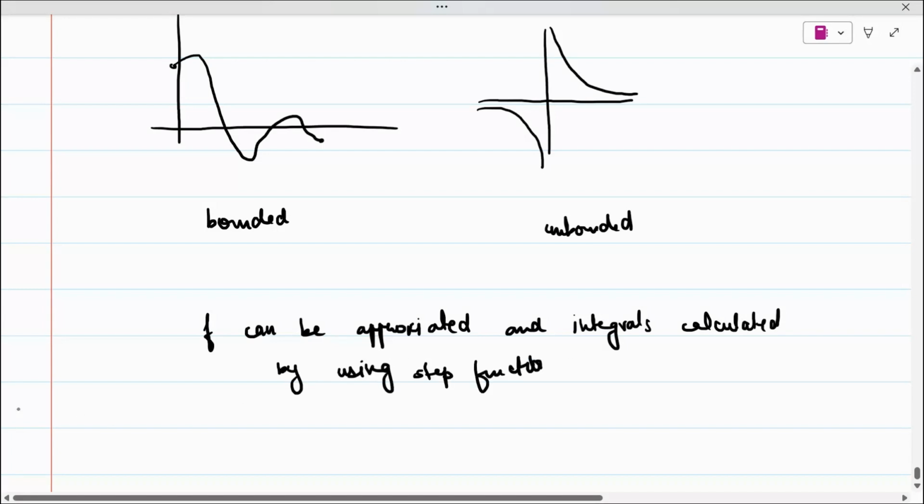What it basically means is, we have some function that has some constant value. So we just approximate one like here, and another function here, here, here, here.